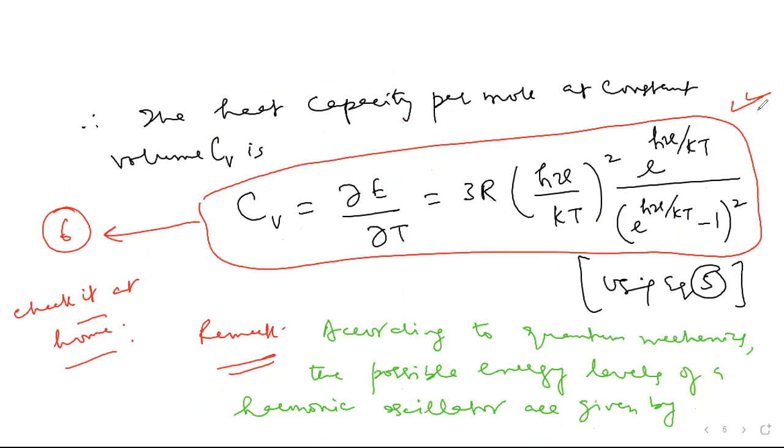Now, with regard to equation 6, that is the expression for CV, it is observed that for kT much greater than h nu.